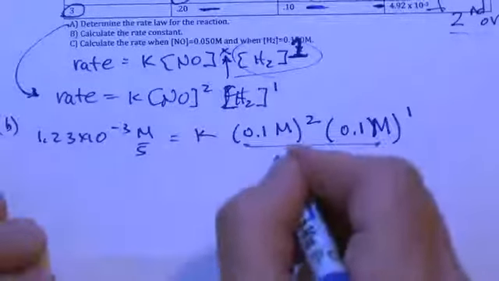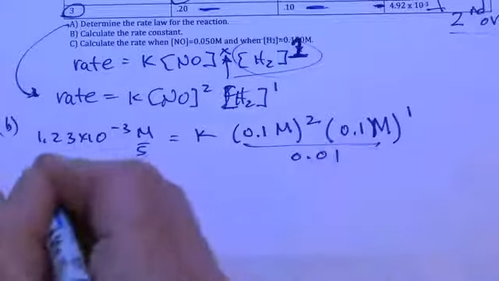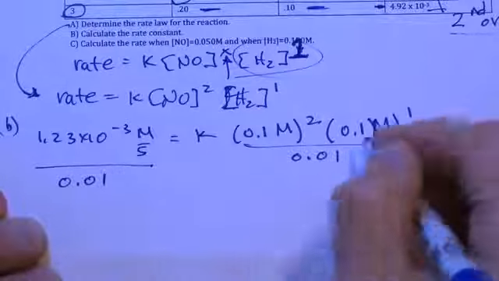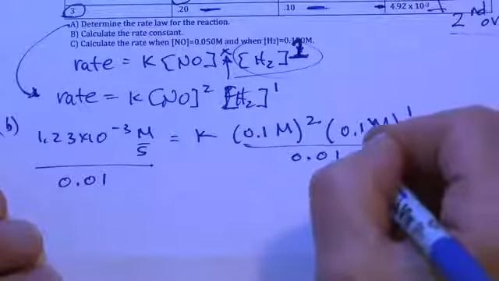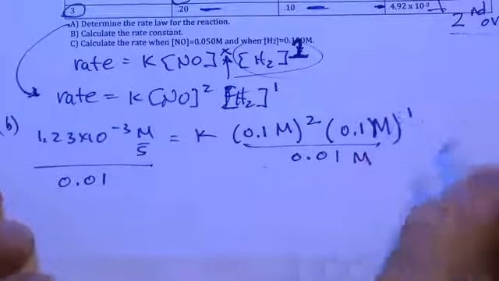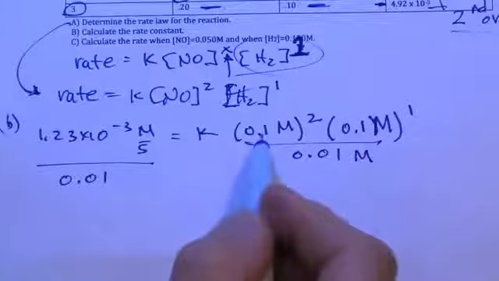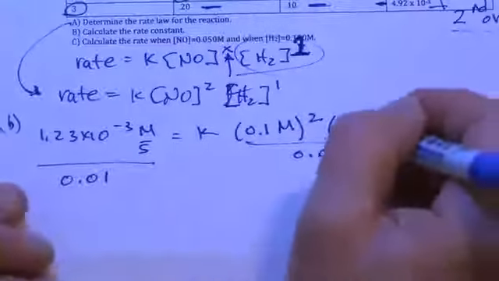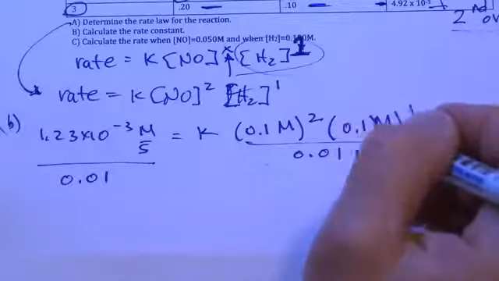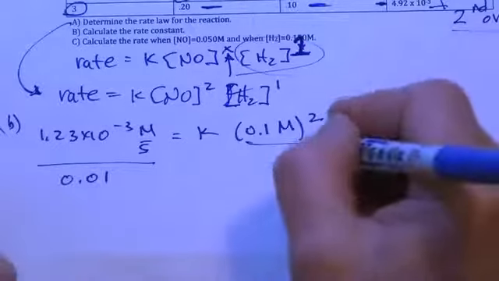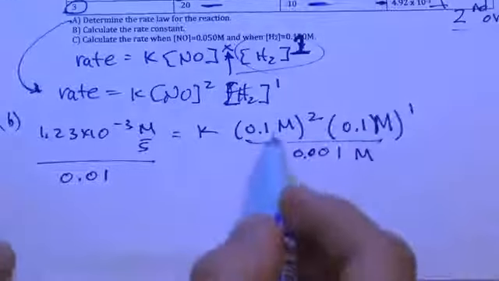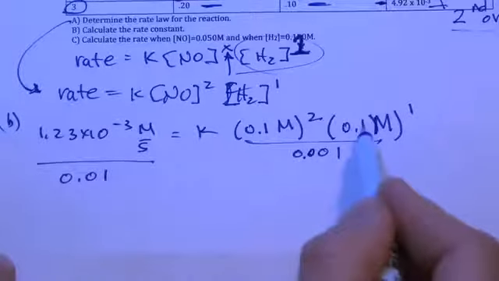Divide both sides by 0.1 squared times 0.1, which is 0.001. I forgot to square this at first: 0.1 squared is 0.01, times another 0.1, which is 0.001.